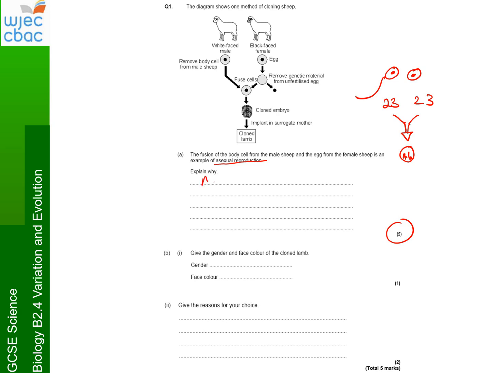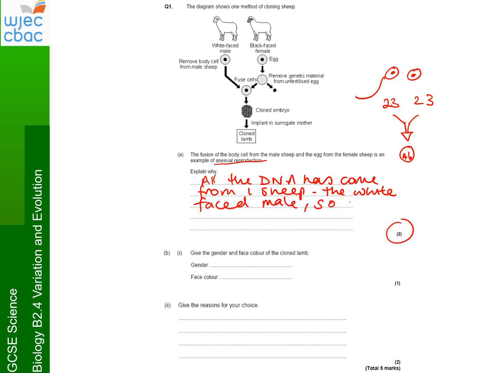Well, all the DNA has come from one sheep, the white-faced male. So only one parent's DNA is involved in creating the cloned lamb.